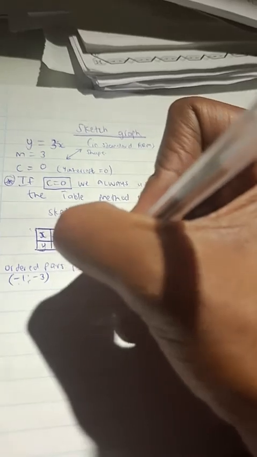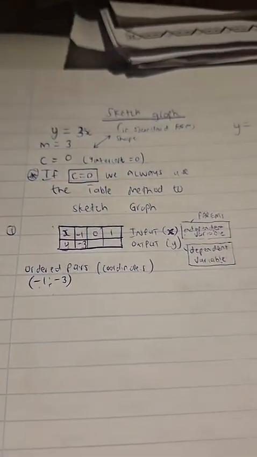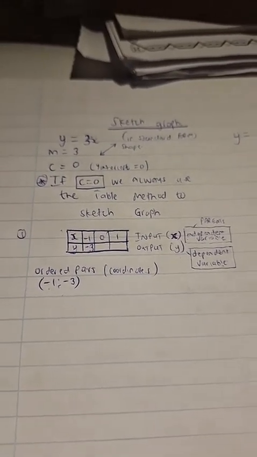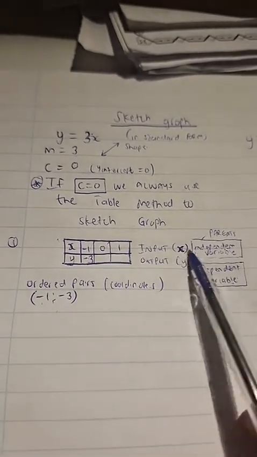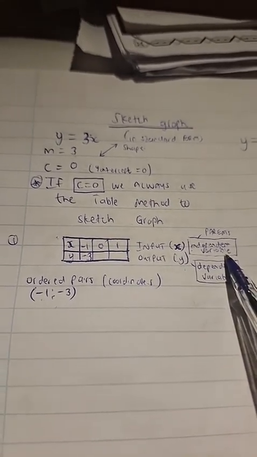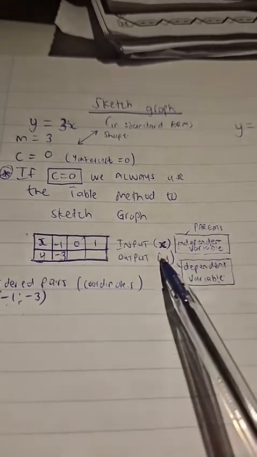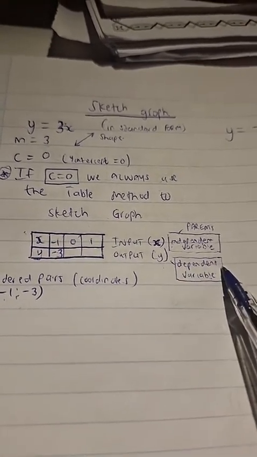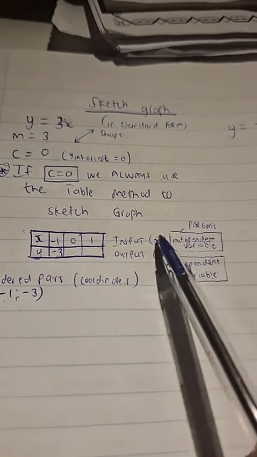Also known as coordinates. I'm giving you terminology as well, so that you have the more formalized terminology. Input, not just input, independent variable. A variable is a letter of the alphabet that stands in the place of something that we do not know. Y is the dependent variable. Y depends on x.